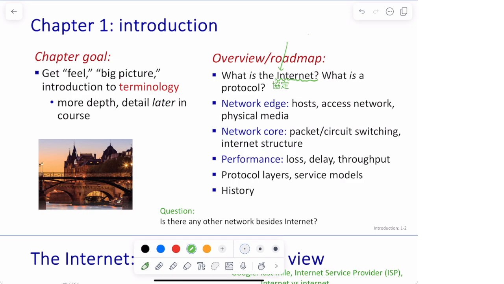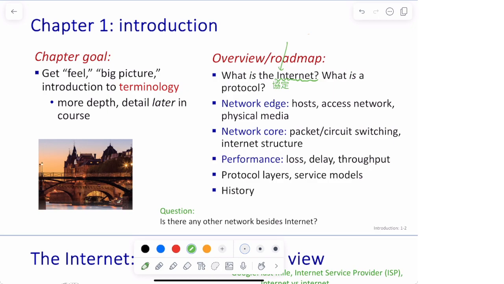So make sure you understand that the Internet, this specific vocabulary, is the word we use to describe the current network we use.